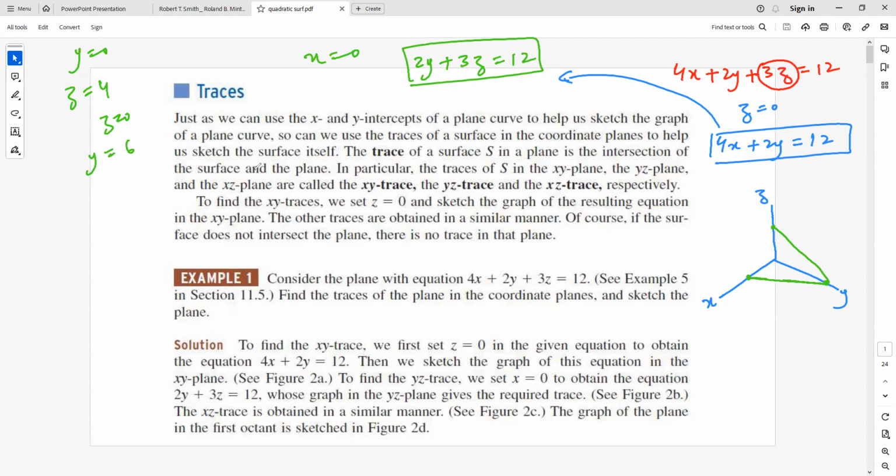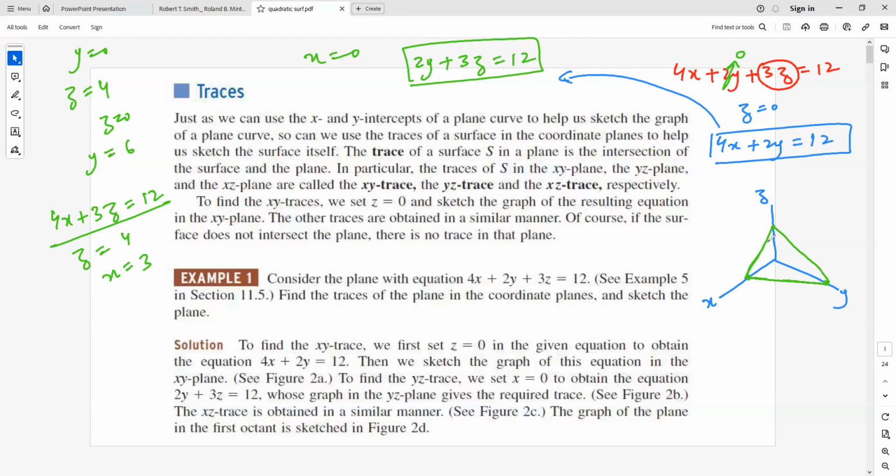And again, to find its trace on the zx plane, we put y equals 0. So this term will be 0, and we get 4x plus 3z equals 12. Solving this line for the intercepts, we get z equals 4 and x equals 3. These points are already marked here, so we can join these 2 points simply by a straight line.